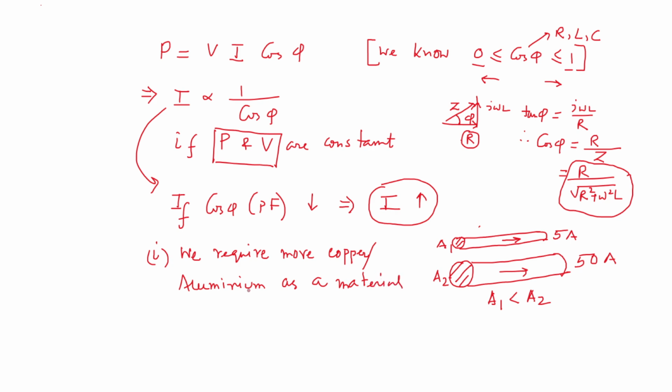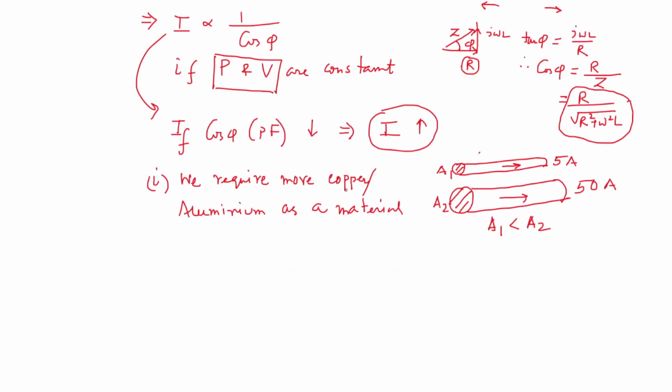So what will happen is that if we require more material, that means cost will increase. That is the first drawback. Having a power factor of low value, that is, closer to 0, the immediate conclusion is that current will be more, from this relation, as it is inversely proportional to the power factor.